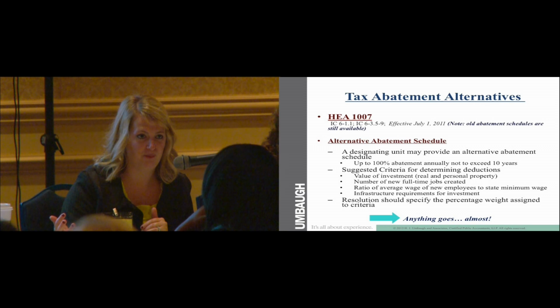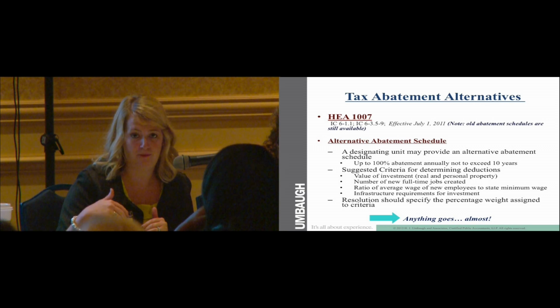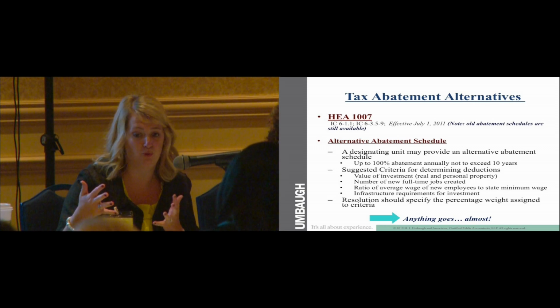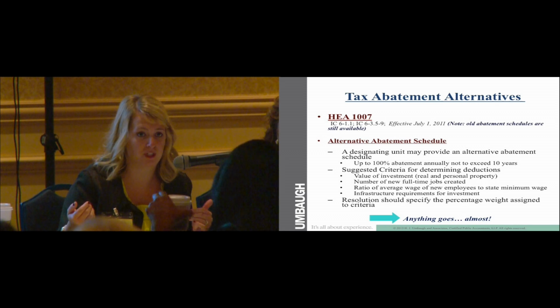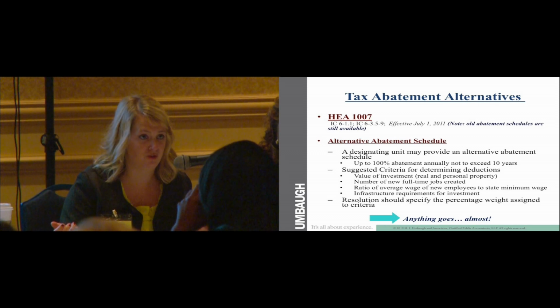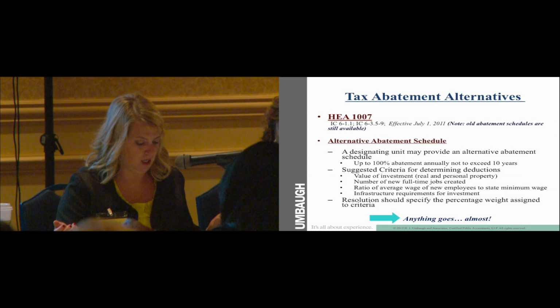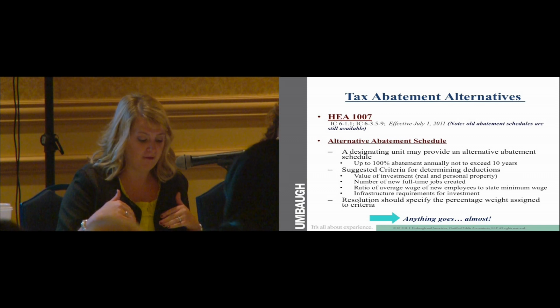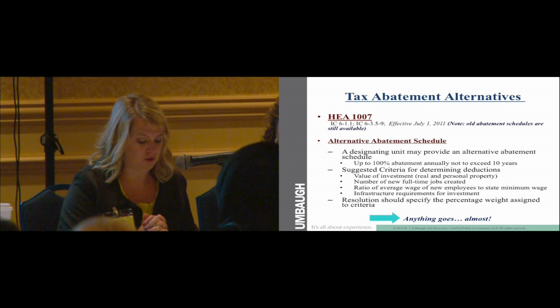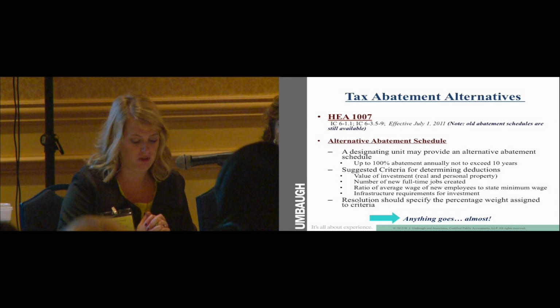I'll go through an example here for one of our clients who decided to do an alternative abatement schedule, and the reasons why they decided to do what they did. To have the alternative abatement schedule, there are certain suggested criteria necessary to determine those deductions.